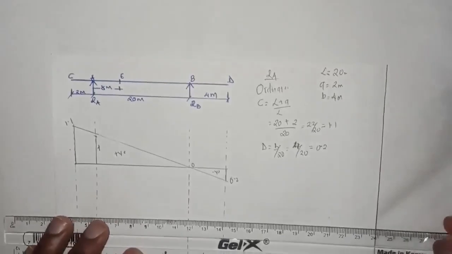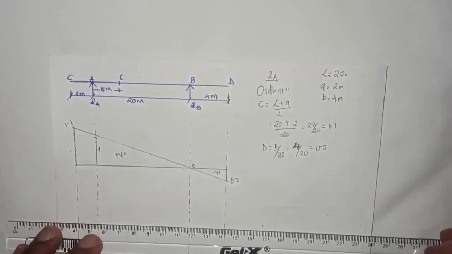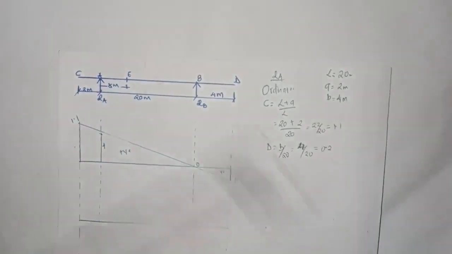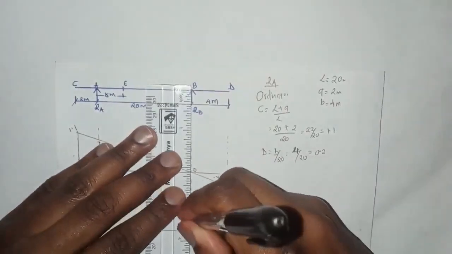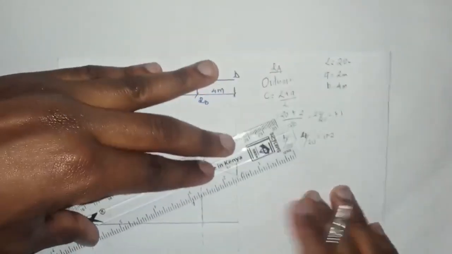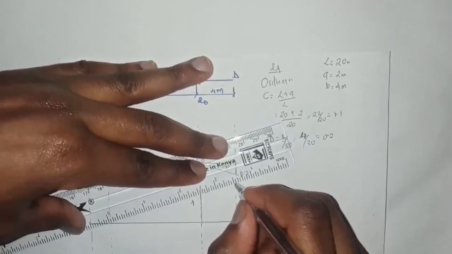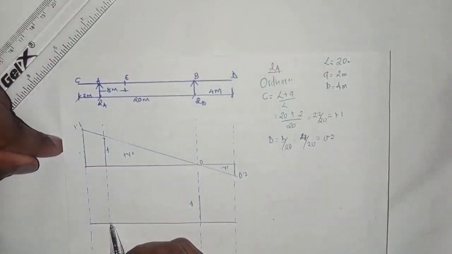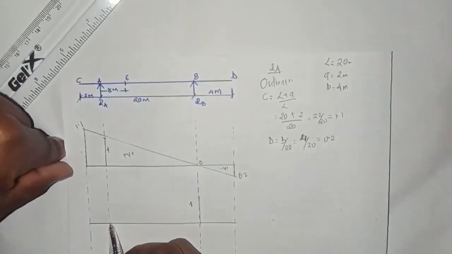So our reaction at B, say there, and so at B here we're going to take it as 1, and at support A it is going to be 0.